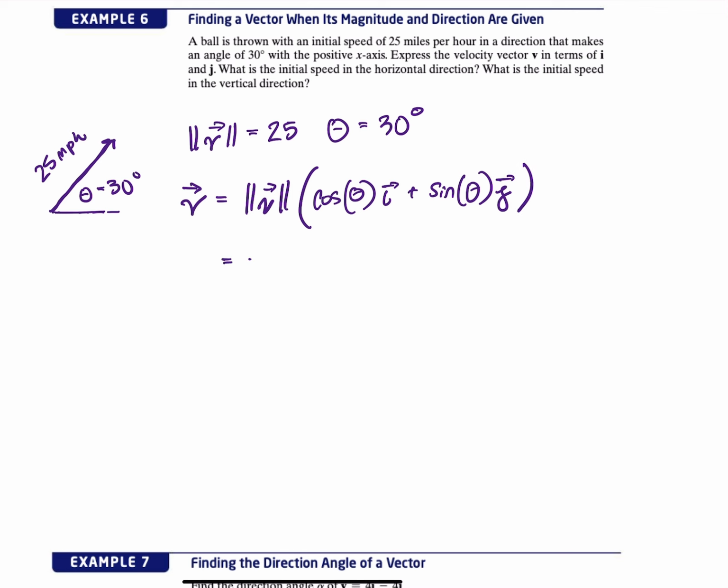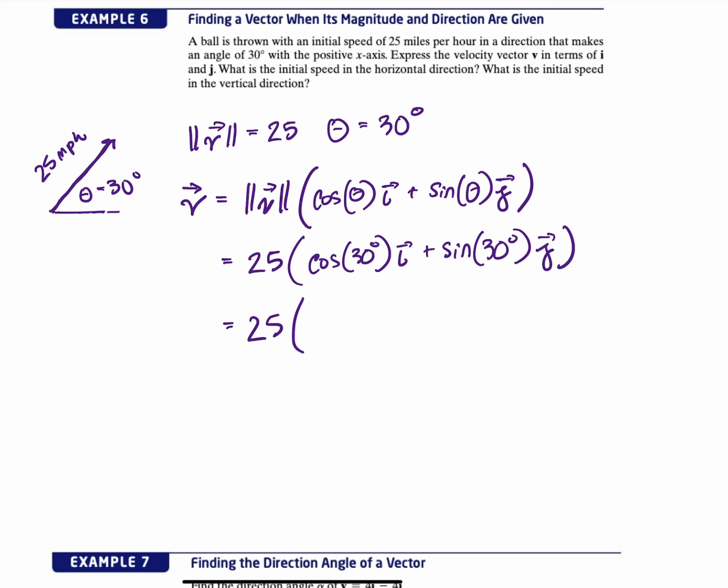So for us, that would be 25 times the cosine of 30 degrees i plus the sine of 30 degrees j. The cosine of 30 degrees is the square root of 3 over 2. That's pi over 6.